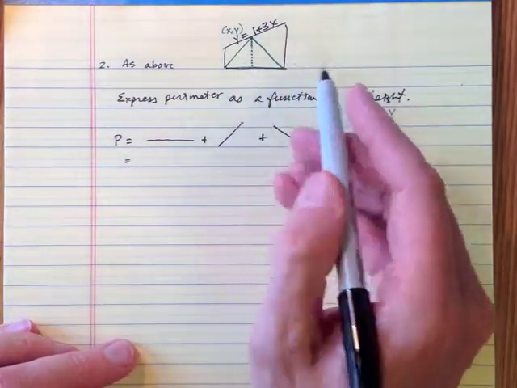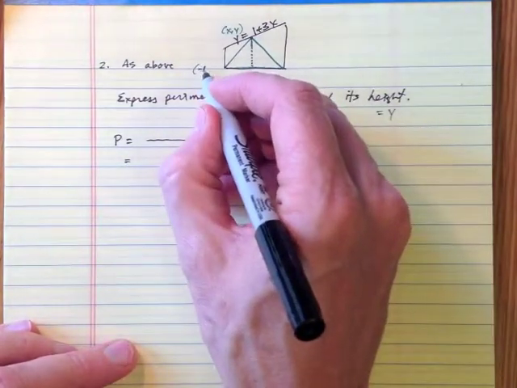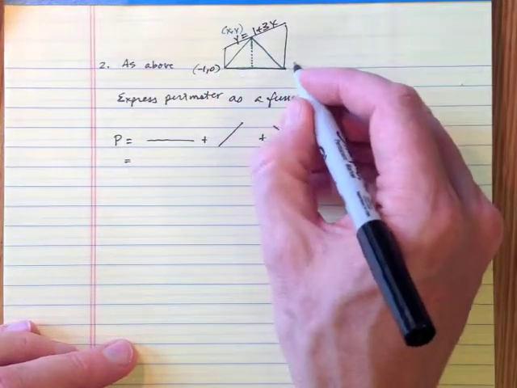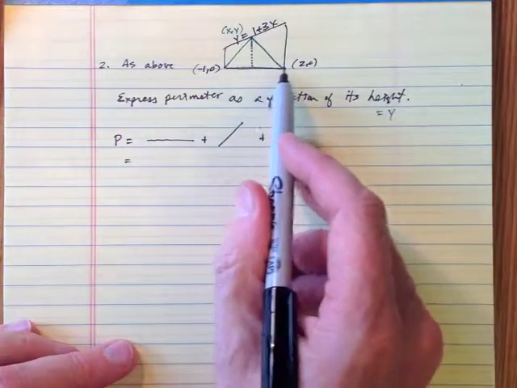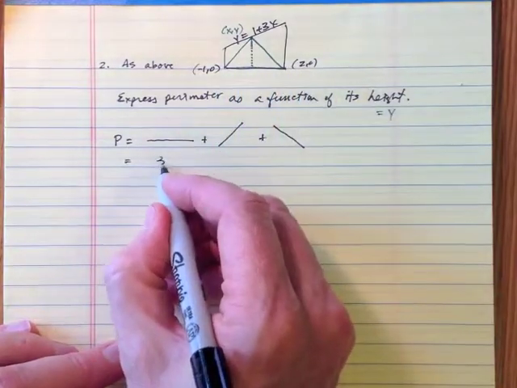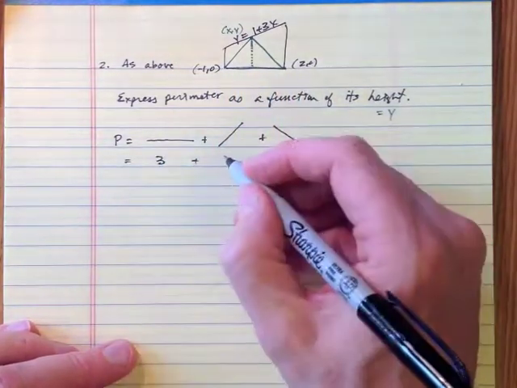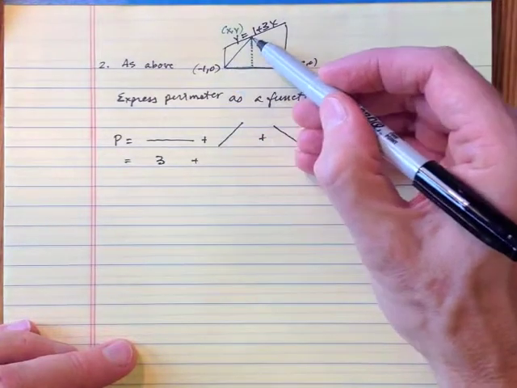I know what this one is because this was the point x equals negative 1, y equals 0, and this was the point x equals 2, y equals 0. The horizontal length of that triangle is just 3. This distance is from here to here.